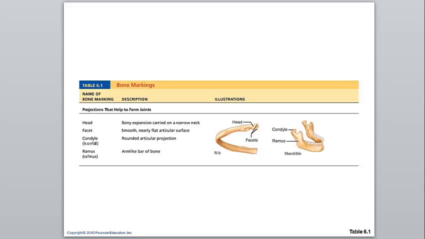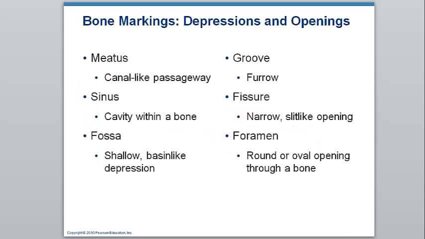These are the projections that help to form different types of joints. Without joints, we will not be able to move. Hence, the bones have to provide us movement. So the structures on the bones have to be modified based on what kind of movement you're going to have in that particular joint.